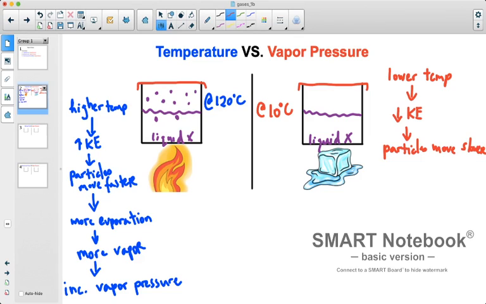The particles are moving very slowly compared to the beaker on the left. And as the particles move slower, we're going to have less evaporation. If I were to draw that in the image, we're going to see a lot more liquid particles on the surface than vapor particles.